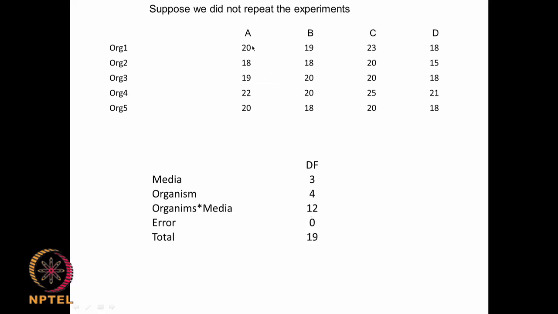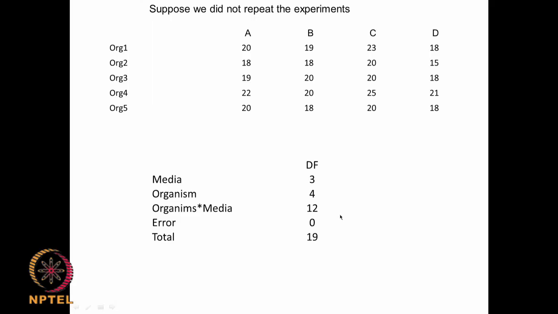So, obviously replication plays a very important role, and another thing is the higher the number of degrees of freedom for error, because when you calculate the mean sum of squares of error, you are dividing by the degrees of freedom, the mean sum of squares of error becomes very small. When that number becomes very small, that goes into the denominator when you calculate the F ratio, so the F values become very large. If the F values become very large with respect to the table value, then we can say there is a statistically significant difference, that means we will be able to reject the null hypothesis.